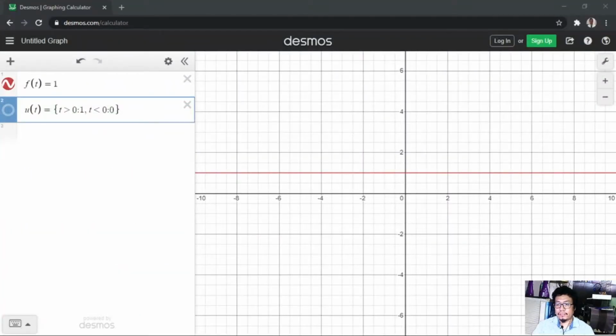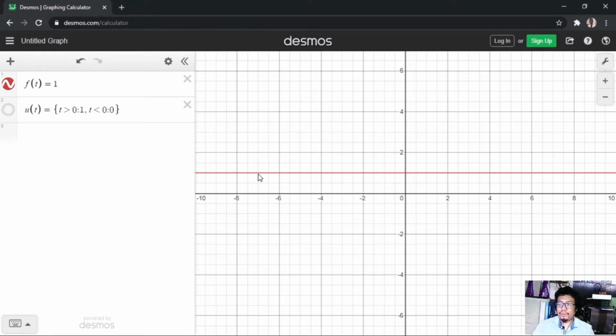So here's the difference. When you have f of t equals 1, you have your constant 1 all throughout the time interval, from negative infinity up to positive infinity. Your f of t is 1.